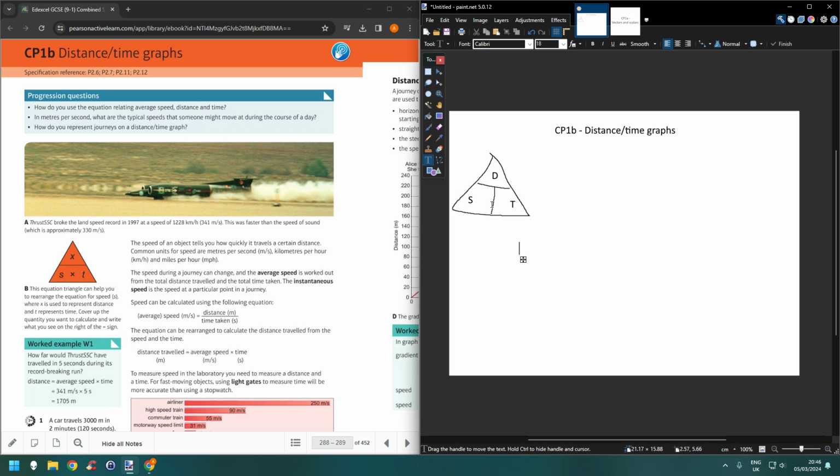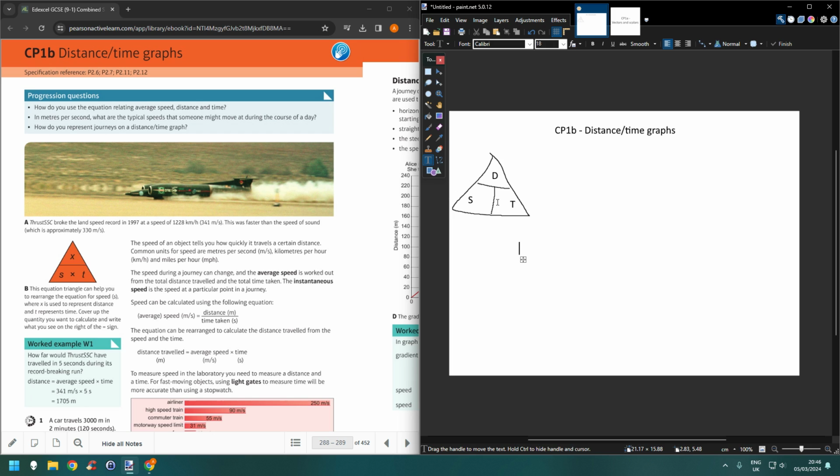With this formula triangle, if you cover D, or just ignore D, and you're trying to find the distance, you can use the speed in meters per second, preferably, multiplied by the time in seconds, and then you'll find the distance in meters. If you want to find the speed, you can simply do distance in meters divided by time in seconds, and you'll have the speed in meters per second.